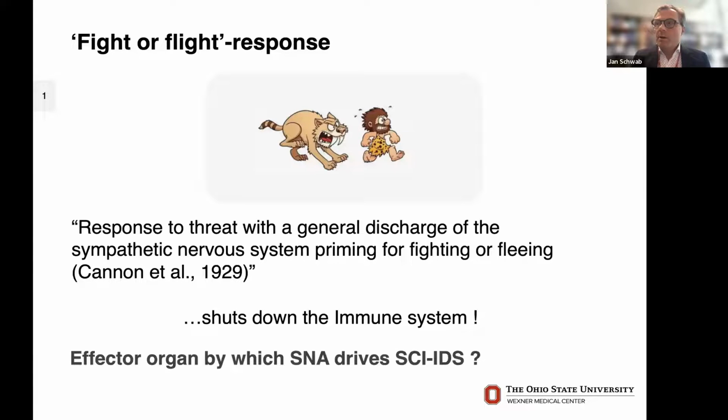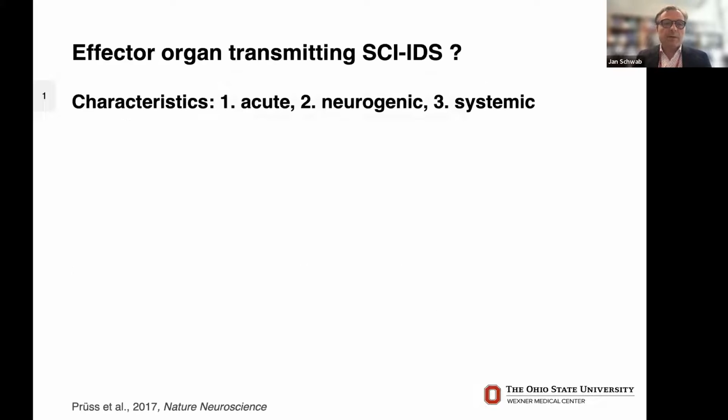So what would be a mechanism by which this sympathetic nerve activity, again triggered by a full bladder or full bowel, can drive this immune deficiency? If you take one step back and look at the major characteristics of this immune deficiency when it occurs: it's quick, it's acute, it's neurogenic, it's lesion level dependent, and it's systemic, affecting the entire body.